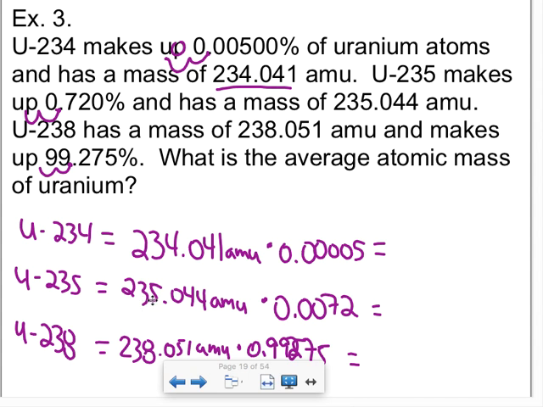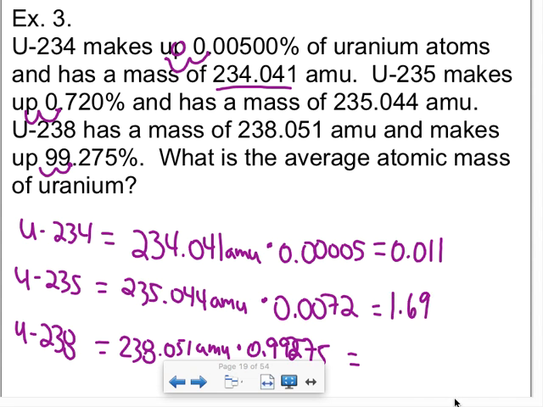Okay, so you're just going to take 234.041 times 0.00005. And the last one is 0.99275, yes. I get 0.011. Then for the second one, 235.044 times 0.0072, which is 1.69.